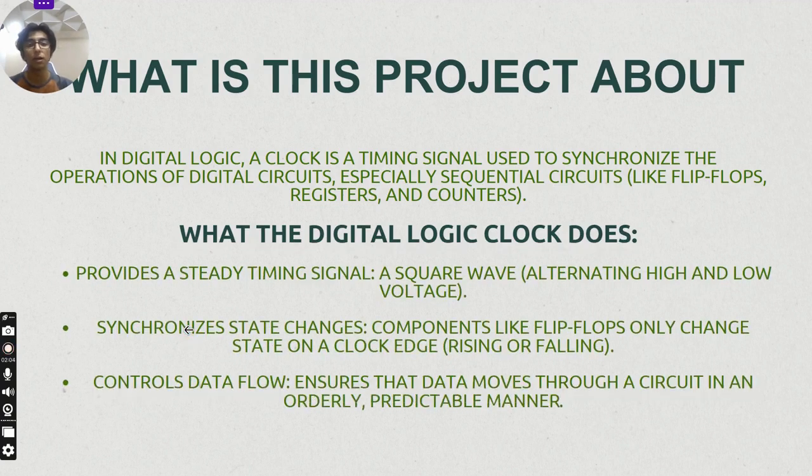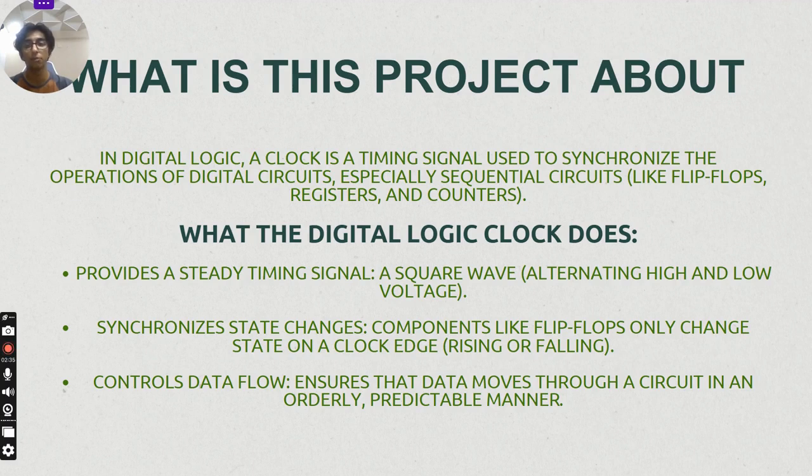In digital logic, a clock is a timing signal used to synchronize the operations of digital circuits, especially sequential circuits, for example, counters, registers, and flip-flops. The principle of the digital clock is that it provides a steady timing signal, generally a square wave that alternates between high and low voltages, and it synchronizes state changes.